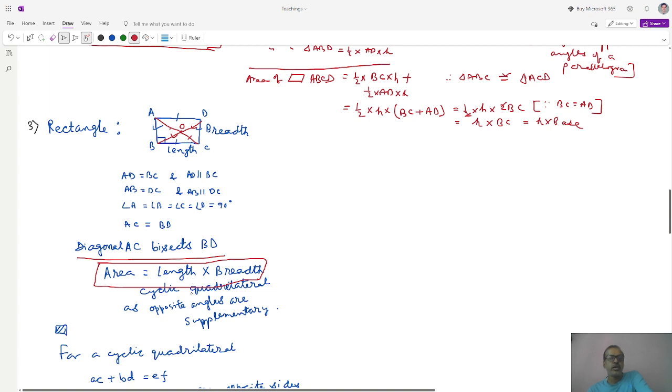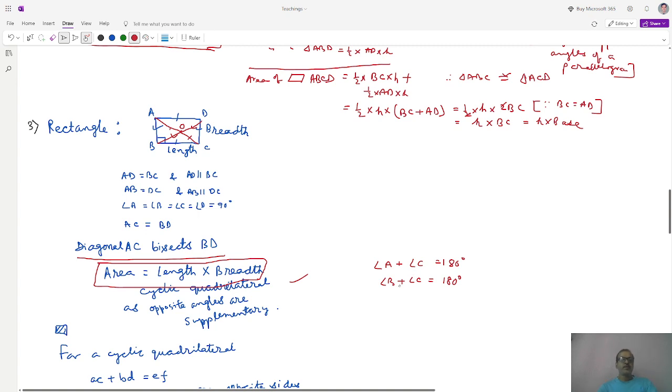A rectangle is also a type of cyclic quadrilateral as opposite angles are supplementary. That is, angle A plus angle C equals 180 degrees. That is, angle A and angle C are supplementary to each other, and angle B and angle D are also supplementary.